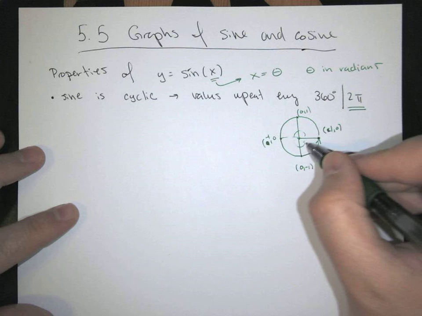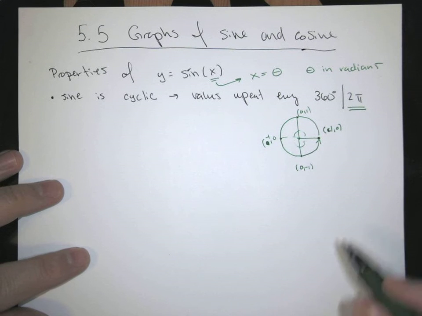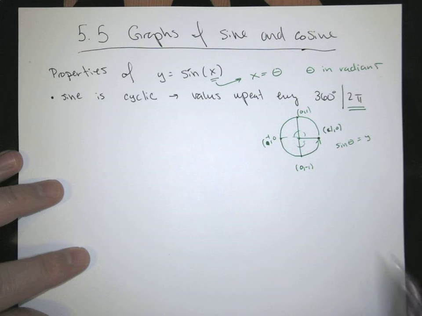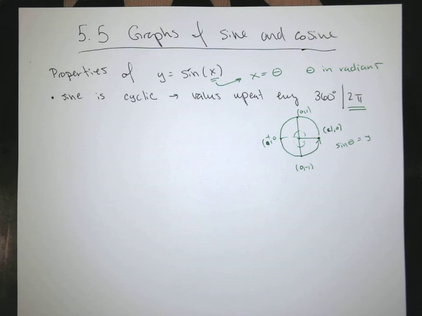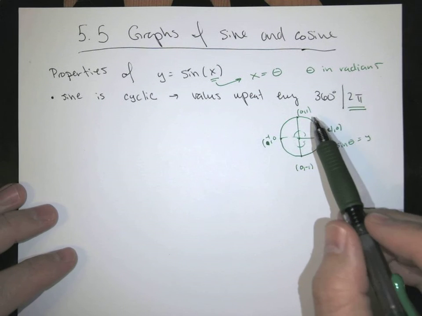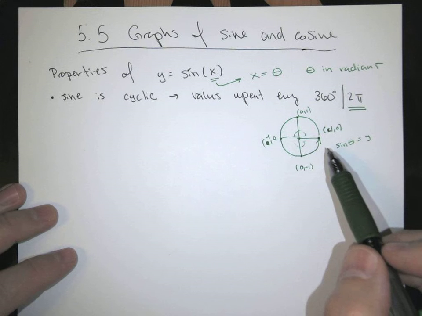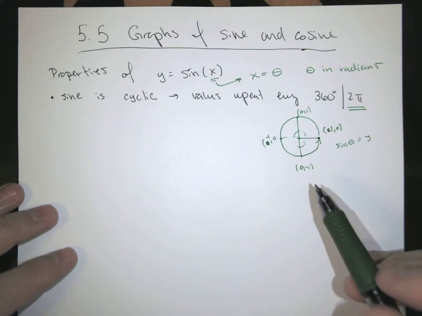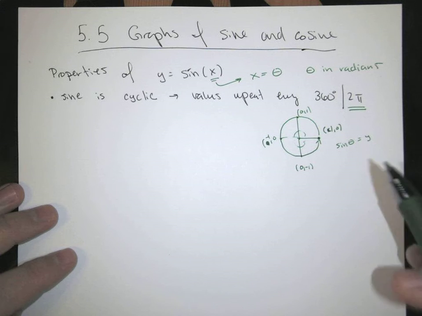As our angle cycles through all those values, our sine function takes on the y coordinates. So it goes from 0 to 1 to 0 to negative 1 back to 0, and then it repeats. So sine is cyclic, so it repeats every 2 pi.